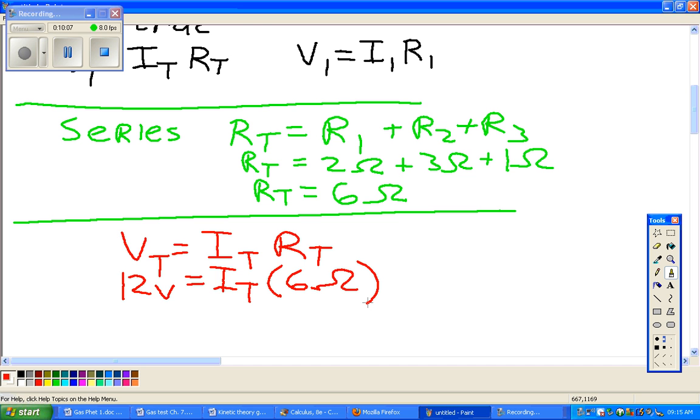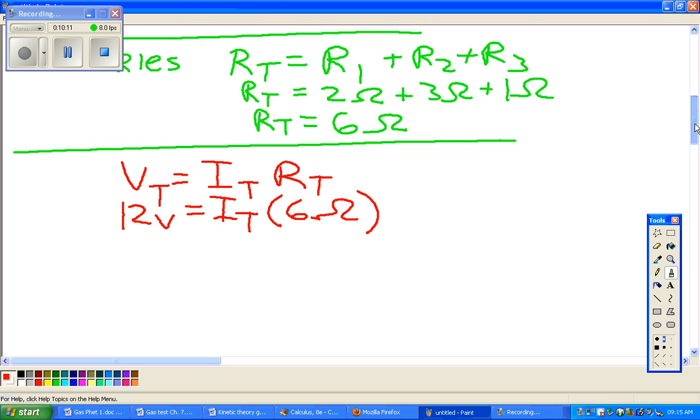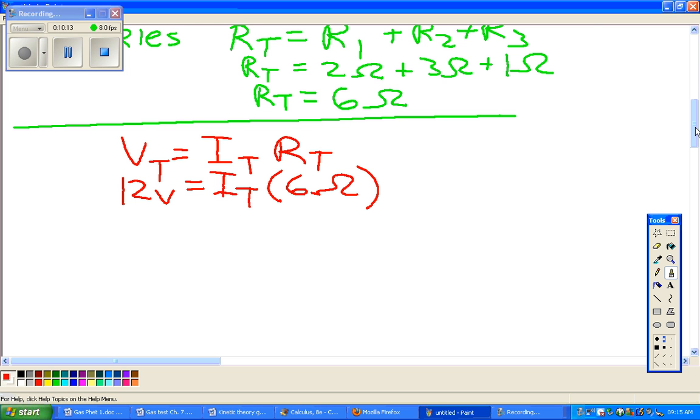We have 6 ohms of resistance. We have 2 amps of electricity flowing through that circuit.